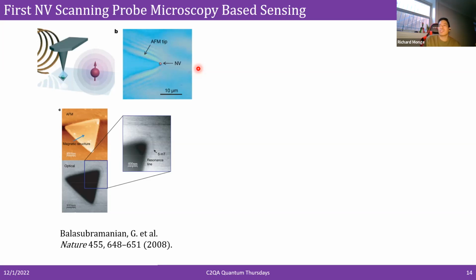Here they were able to observe dips in the fluorescence when the electron spin frequency is in resonance with the microwave driving field frequency. You can see here there are dips in the fluorescence, again because of this optically detected magnetic resonance effect.